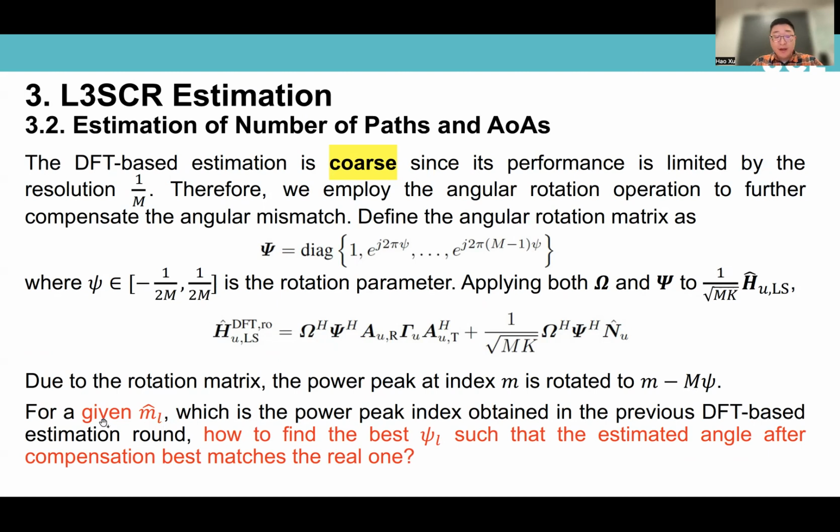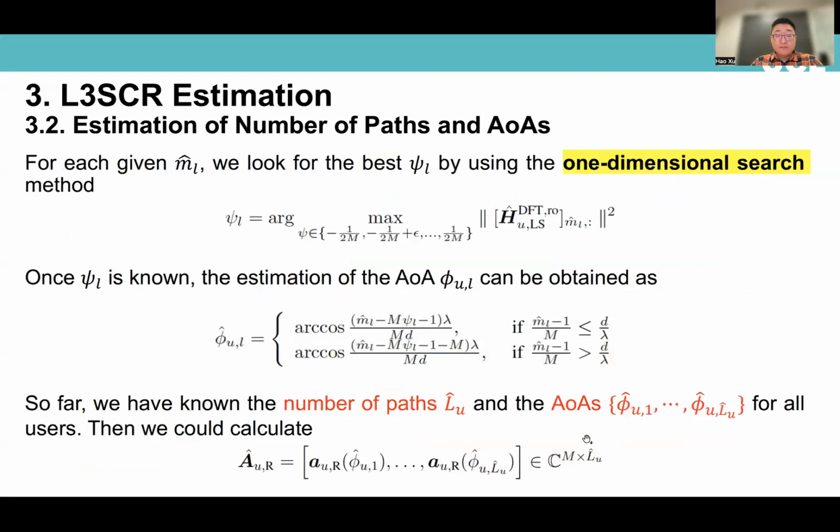For a given ML hat, which is the power peak index obtained in the previous DFT-based estimation round, the problem is how to find the base phi L such that the estimated angle after compensation can best match the real one. We look for the best phi L by using the one-dimensional search method as follows.